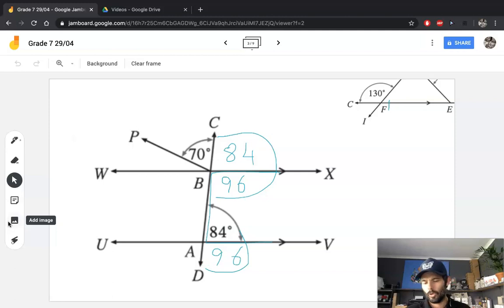You could have said corresponding. There's an upside down F, so those two are equal. So that just proves that that's 84. I could have also gone the other way and said, well, there's also an F there, so those two angles would be equal, which they are. So there are a few ways that you could have figured that out.